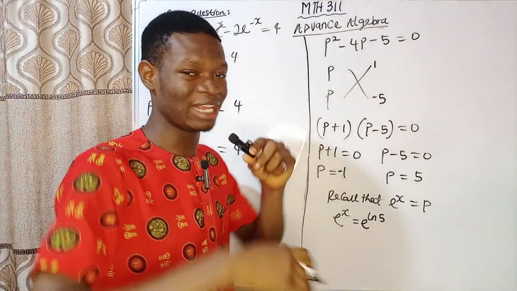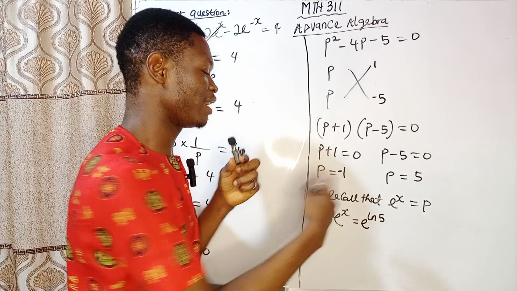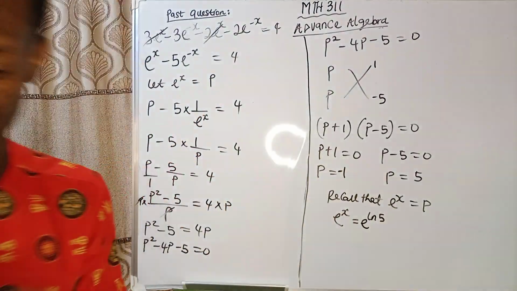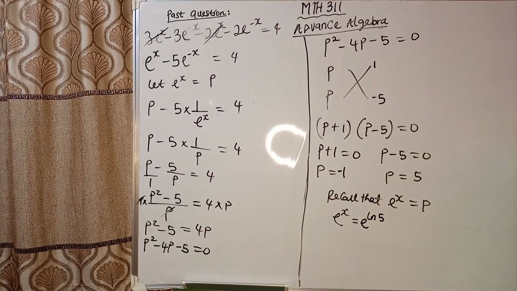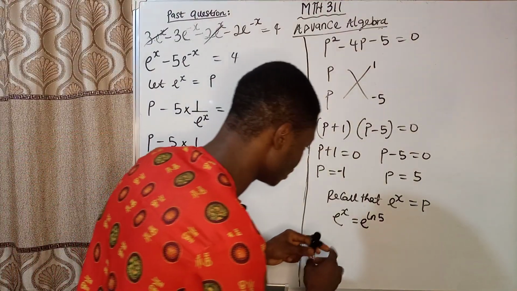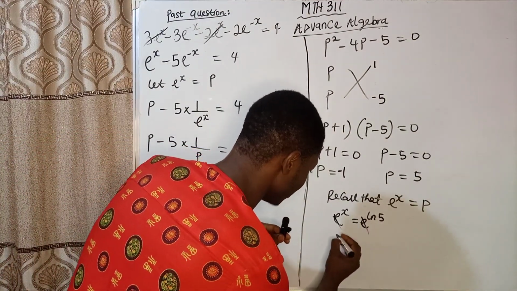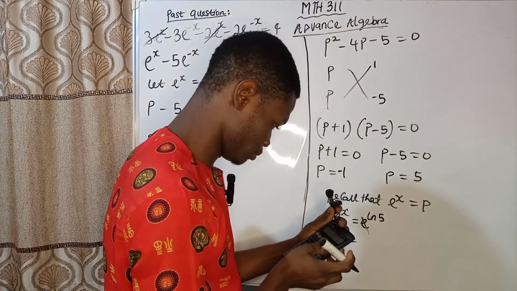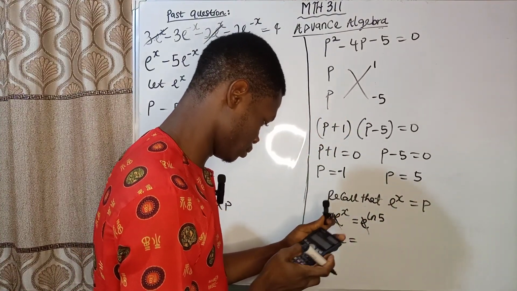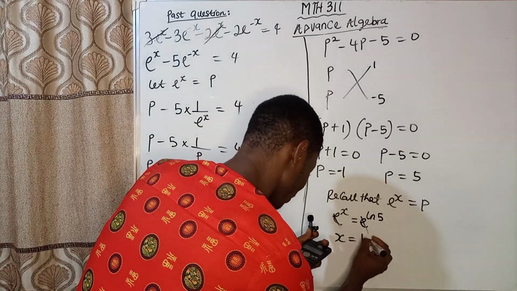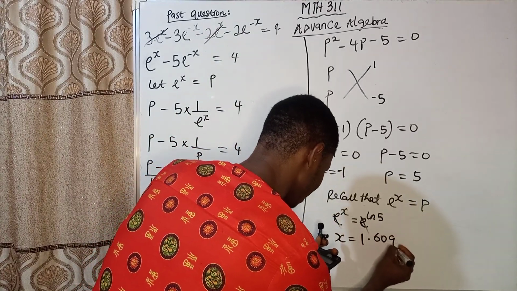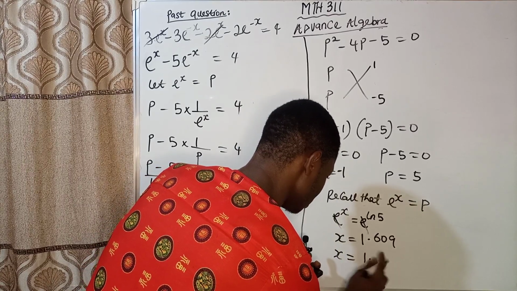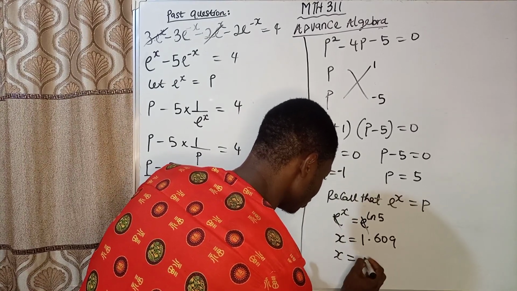If you have e raised to the power ln of 2, it is equal to 2. So let me bring my calculator. This one cancels out, so our x is equal to ln of 5. ln of 5 is 1.609, so x is approximately 1.61.